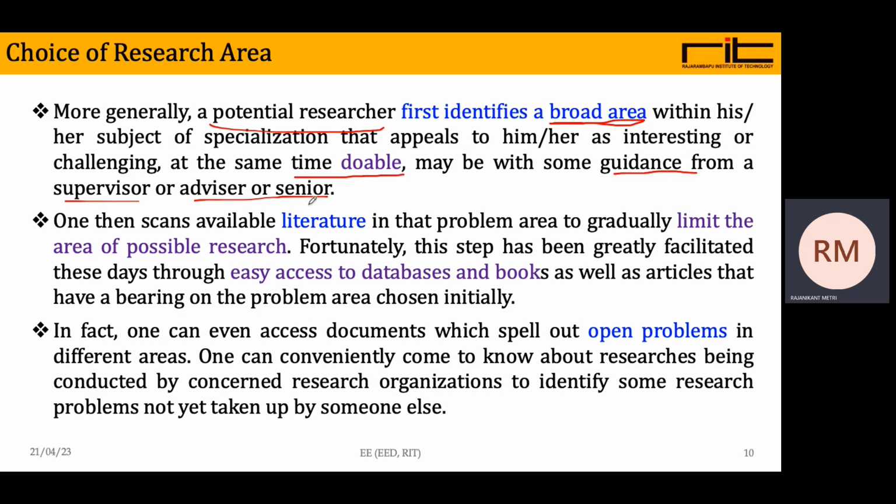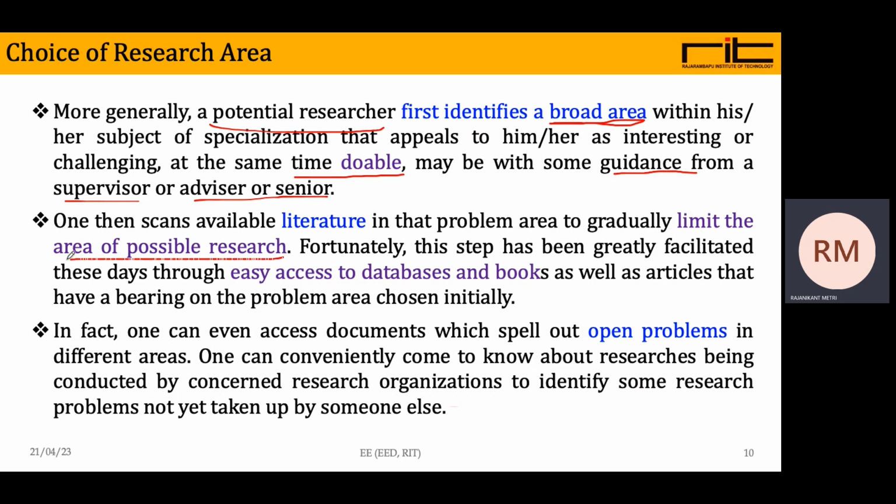One then scans the available literature in that broader area and then limits the area of possible research. For example, the broader area is electrical engineering. So in electrical engineering, what can be done? One can go through the literature in that particular problem area to gradually limit the area of possible research.